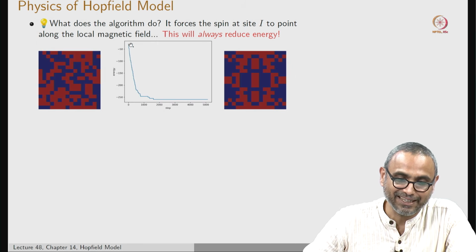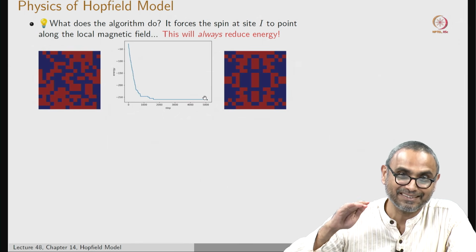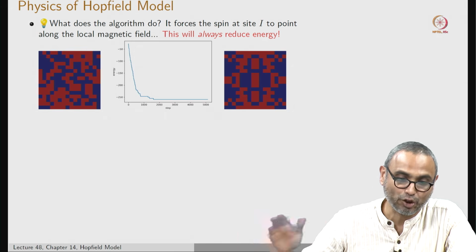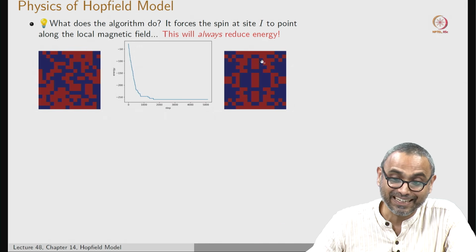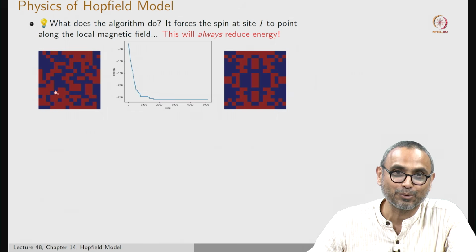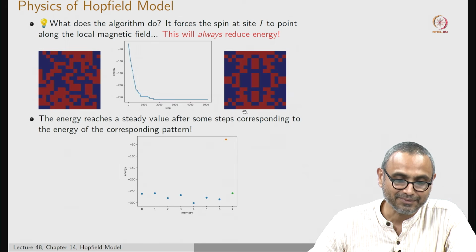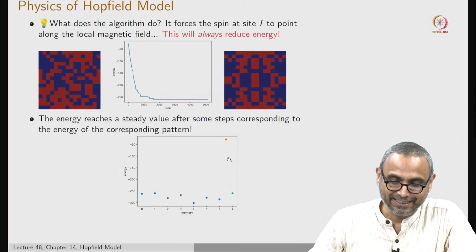I start with some high energy compared to this state here, and then I just keep coming down, and lo and behold it becomes stationary, the energy stops decreasing, and you actually recover one of the images that you started off with. So this is another way of showing it.